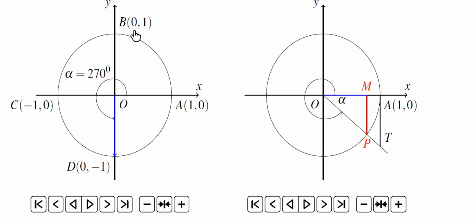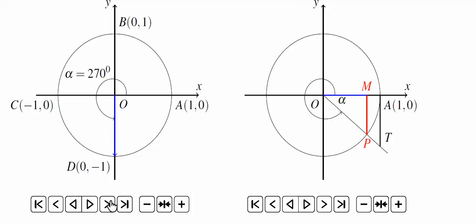That cannot be 0 means the x-coordinate of b cannot be 0. That means angle alpha cannot be 90 degrees, or that means the y-coordinate cannot be 1 if the x-coordinate cannot be 0.